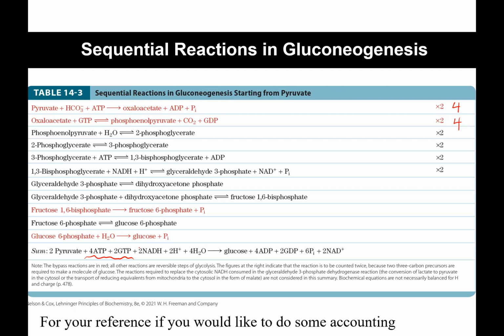Oh, wait, no, I think I get it. I shouldn't say 4 here, I should say 2. This is 2 ATP here, but where else are we consuming ATP? This one, okay. So here's another 2 ATP.